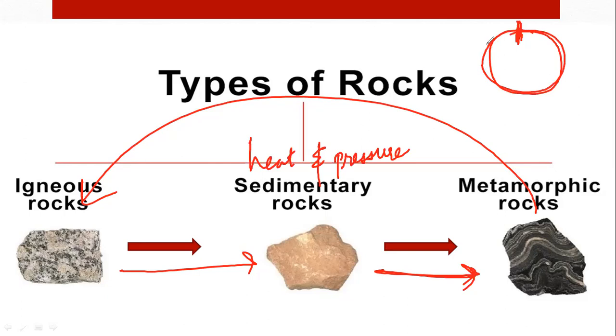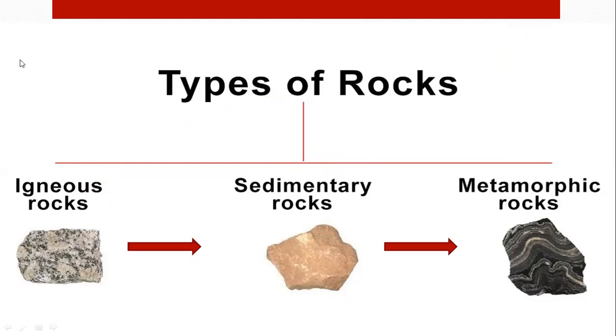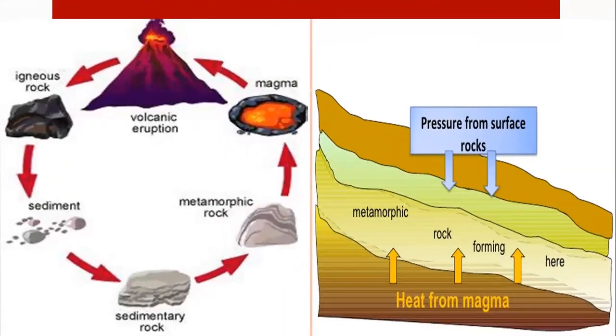Correct? Now, the question arises, how does metamorphic rock get converted into igneous rock? To understand this, have a look at this cycle. Through volcanic eruption, igneous rocks are formed.